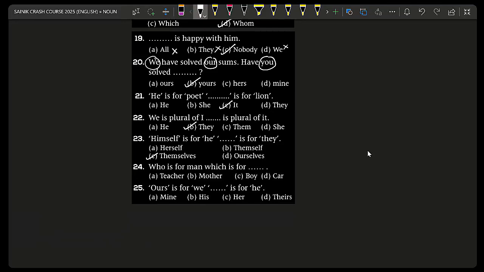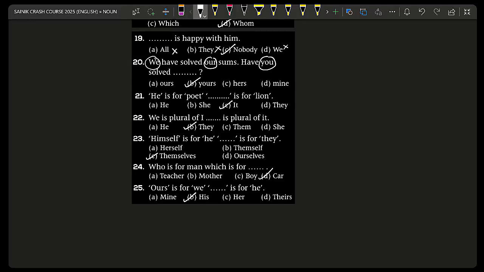Which is used for objects, that is car. Correct answer. And the 25th one, read the question. Sir, ours is for we, dash is for he. Yes. Possessive pronoun. We's possessive pronoun is ours. For he, is correct answer. Very good. You can mute yourself, Varshita, now.